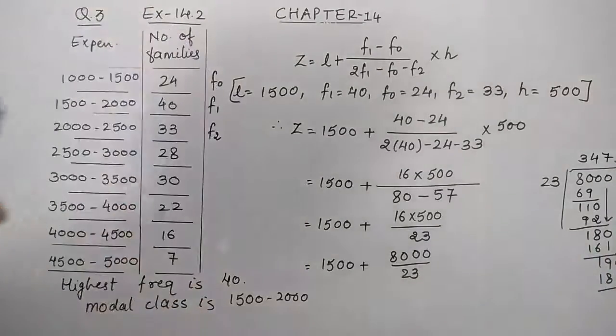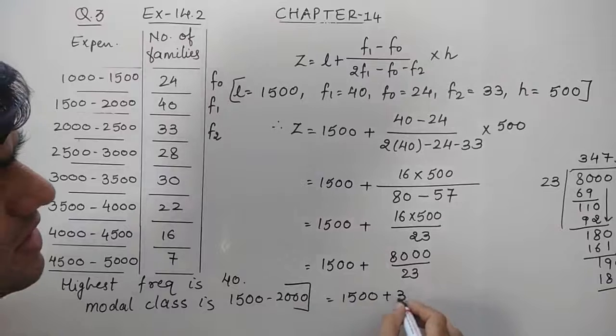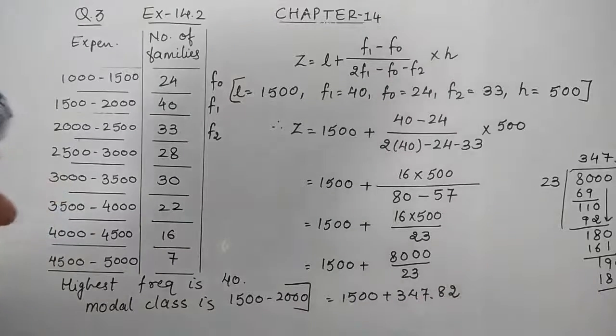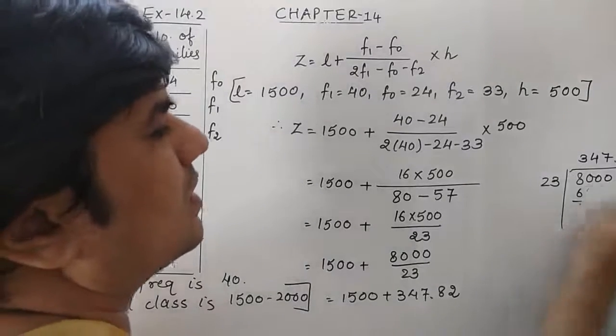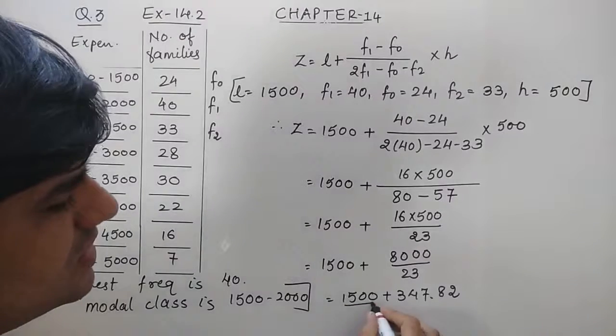So here the decimal value is 347.82, and we have 1500 plus that. Let us do the addition of these two, which is the answer to our question. We have to add integer with integer.